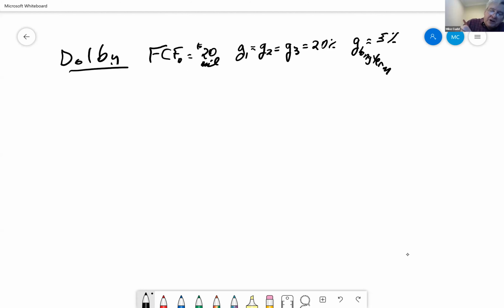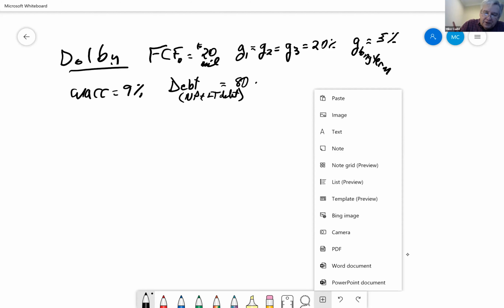Its cost of capital is 9%. It has 80 million in interest-bearing debt. That would be notes payable plus long-term debt, which is 80 mil.